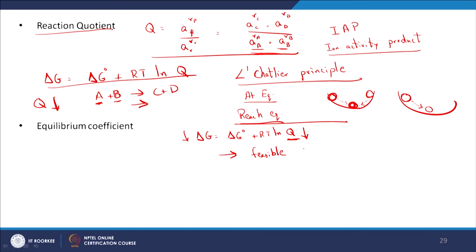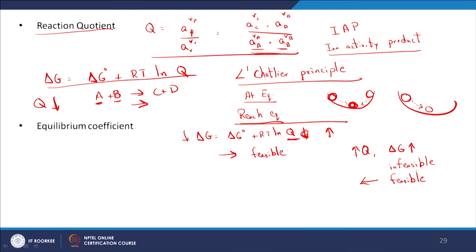Again, the inverse of it: what would happen if you increase the Q? That translates to delta G increasing too. So that makes the reaction infeasible, or it means that the reverse reaction is feasible. So that is what we have here.